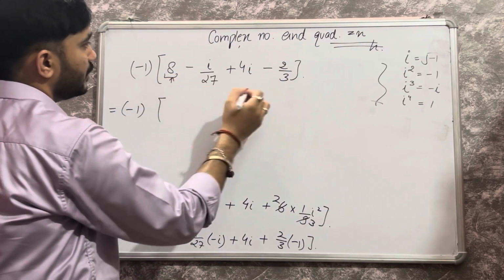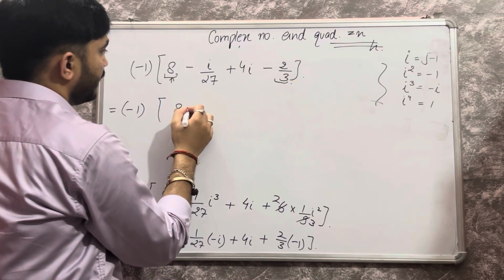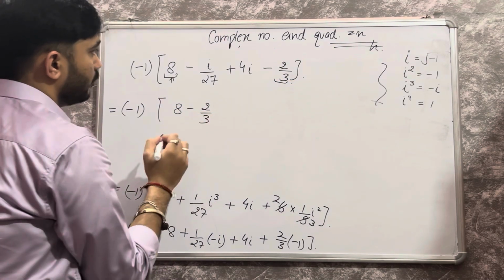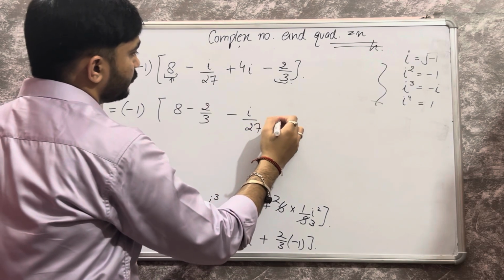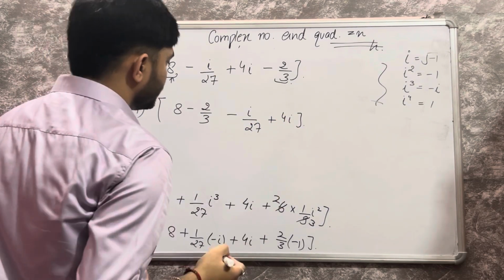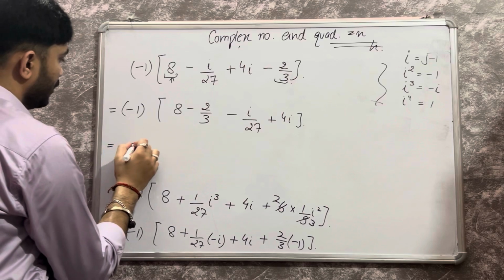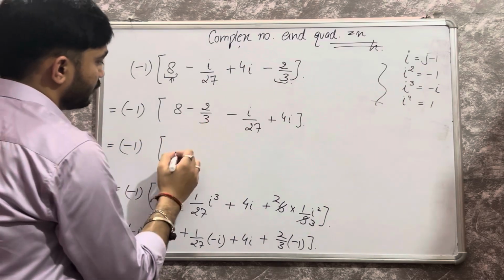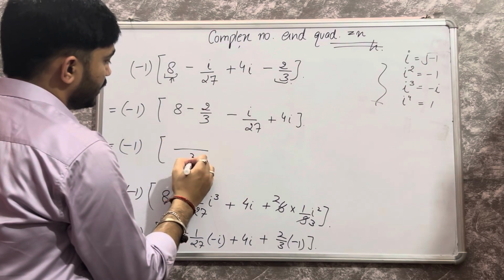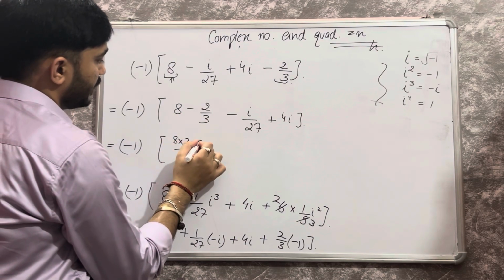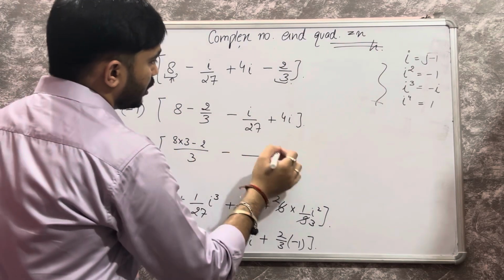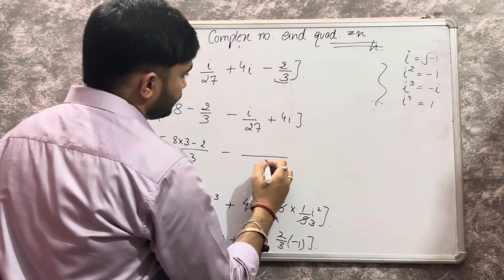This is the real part, this is the real part. 8 minus 2 by 3, write it together, minus iota by 27 plus 4 iota are the imaginary parts. Minus 1, take the LCM of it, the LCM will be 3, 8 cross multiply this, 8 into 3 minus 2, minus, also take the LCM of this.